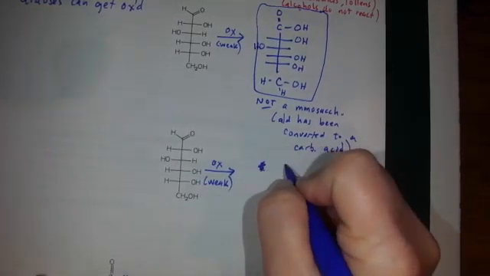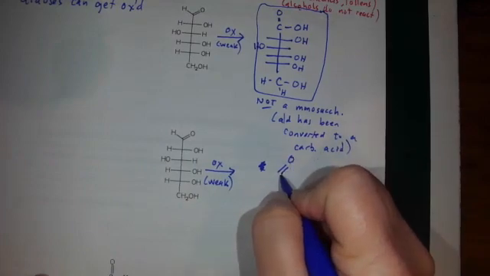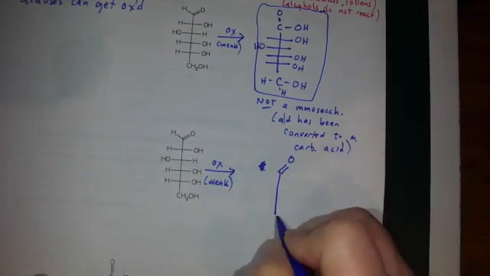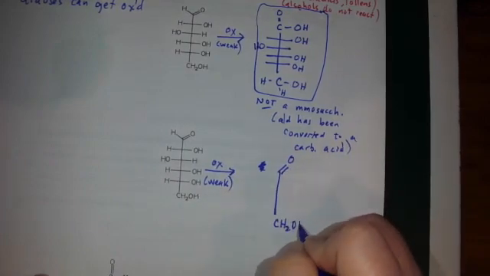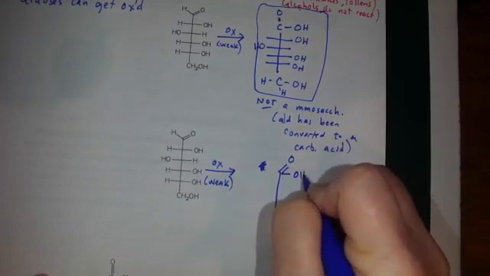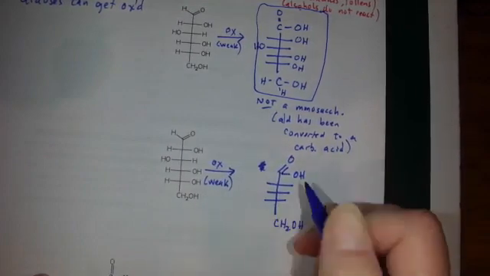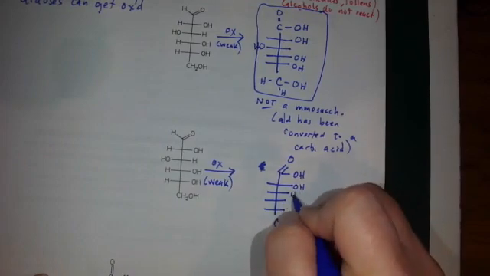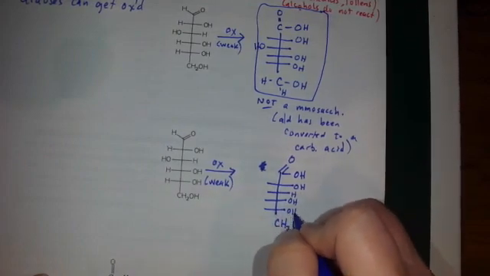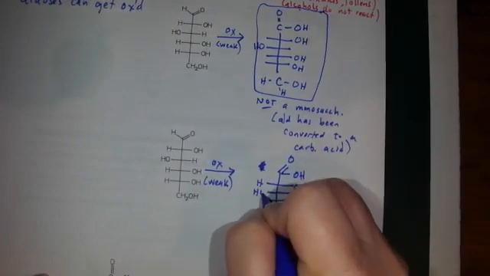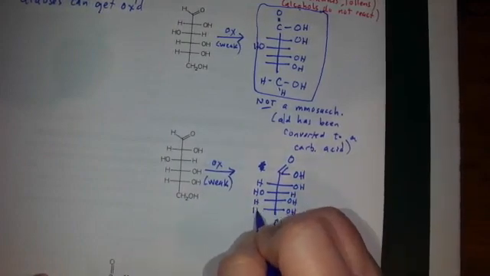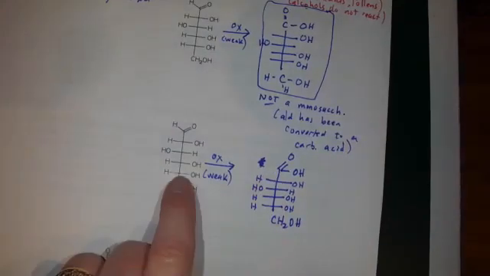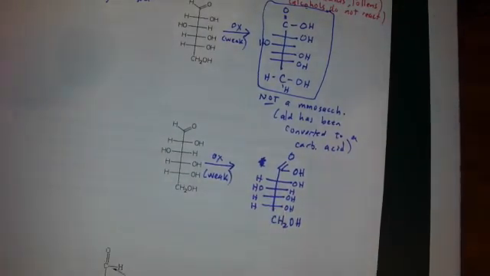In fact, I could draw it the same way they did there if we want to. We'll get this structure, which again is not a monosaccharide anymore. The monosaccharide has been oxidized.